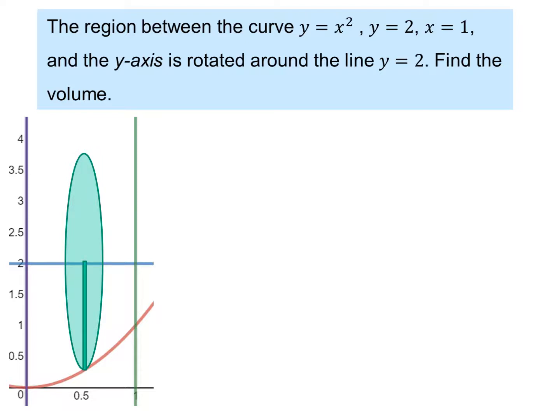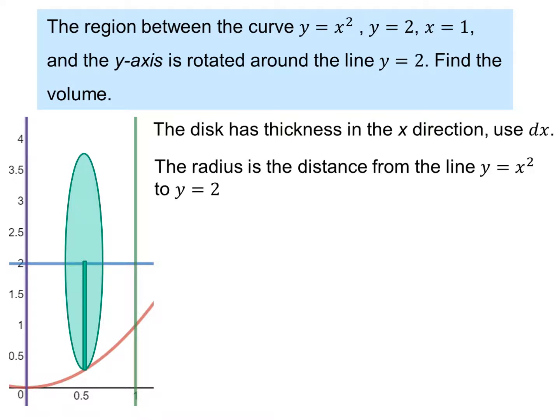So this disk has a thickness in the x direction, so that's dx. The radius is the distance from y equals 2 to y equals x squared. So we do top minus bottom. The radius is 2 minus x squared. And we can use our formula. Integrate from x equals 0 to x equals 1 of pi r squared dx, which would give us 9.006.